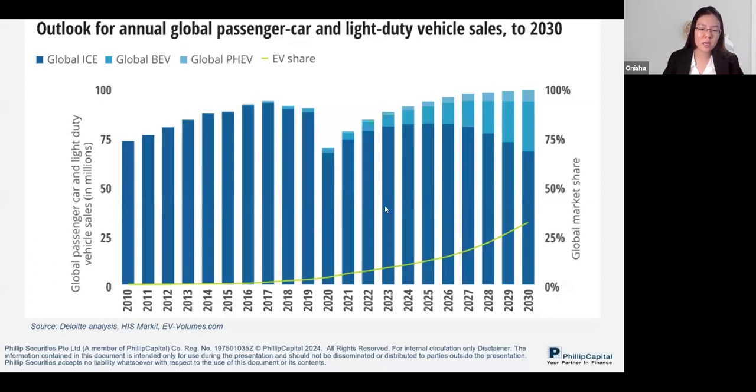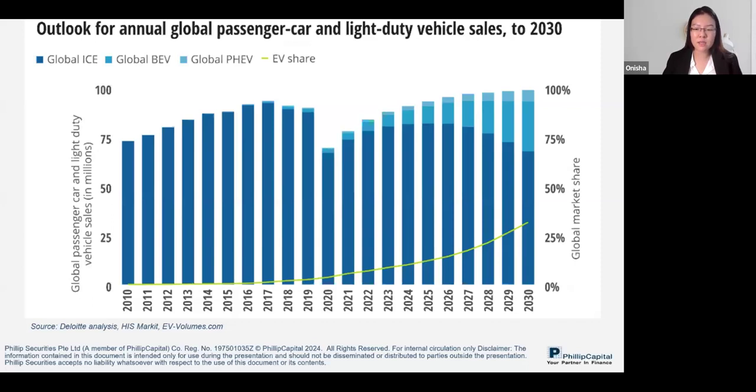As you can see here, since 2020 and 2021, the EV market has boosted up quite a lot. For example, there are financial initiatives from the government, infrastructure deployment of EV chargers, and the reduced battery cost. We will look into that later on.